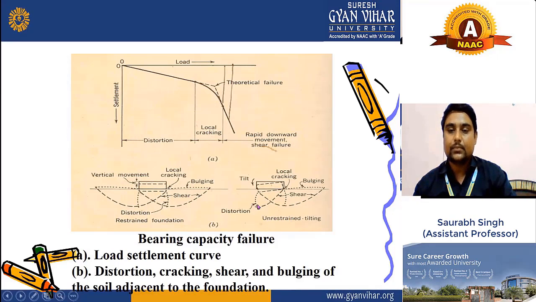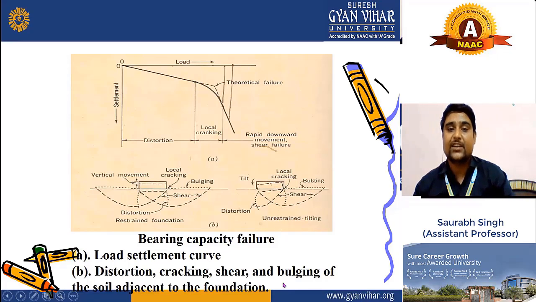But when you see unrestrained deterioration of the structure, there you will see this is a bulging and this is also a bulging, and shear load is acting like this, and in this structure acting like this. What will happen? It cannot restrain the load of your structure, and your structure may fail.